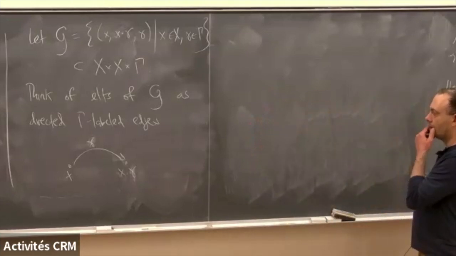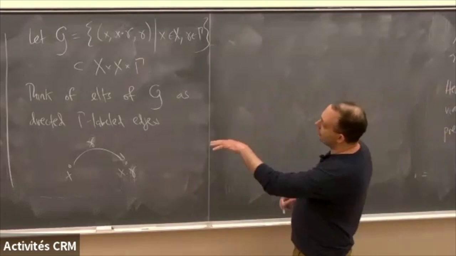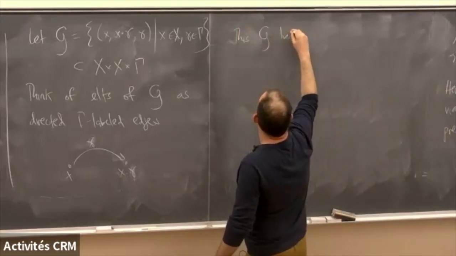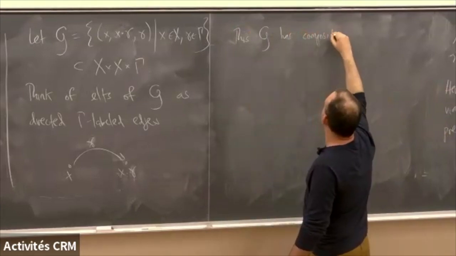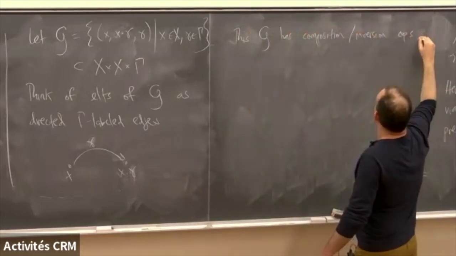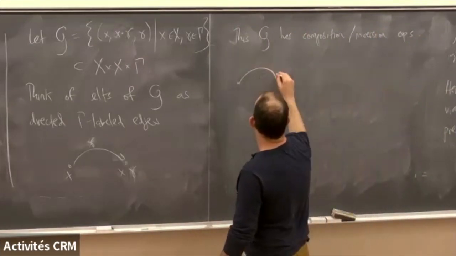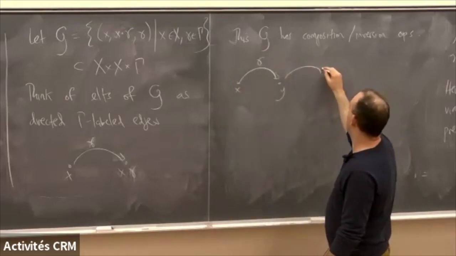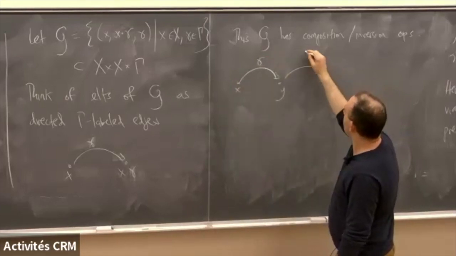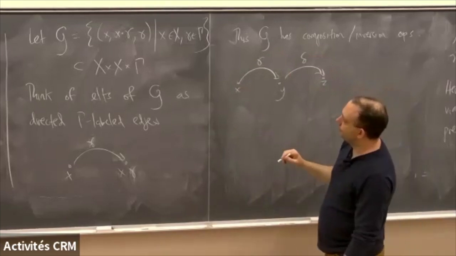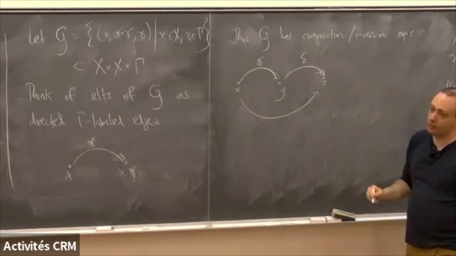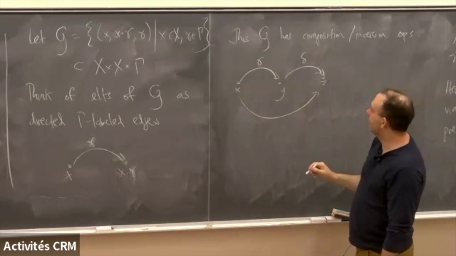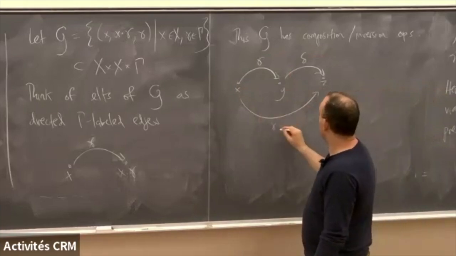So the point is that this G has composition and inversion operations. If I have x, and then an edge to y labeled gamma, and then an edge from that to z labeled delta, then because these edges come from a group action, I get a composite edge that's labeled gamma delta.